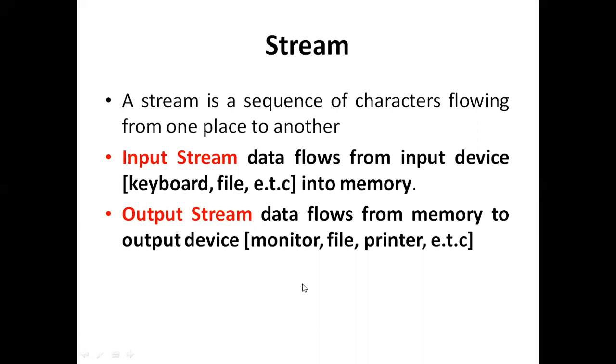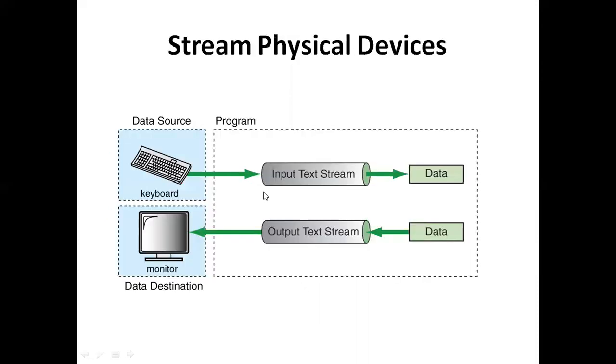By seeing this diagram you will understand: if you want to give input to the system, by default the device we use is the keyboard. By using the keyboard we give the input to the system.